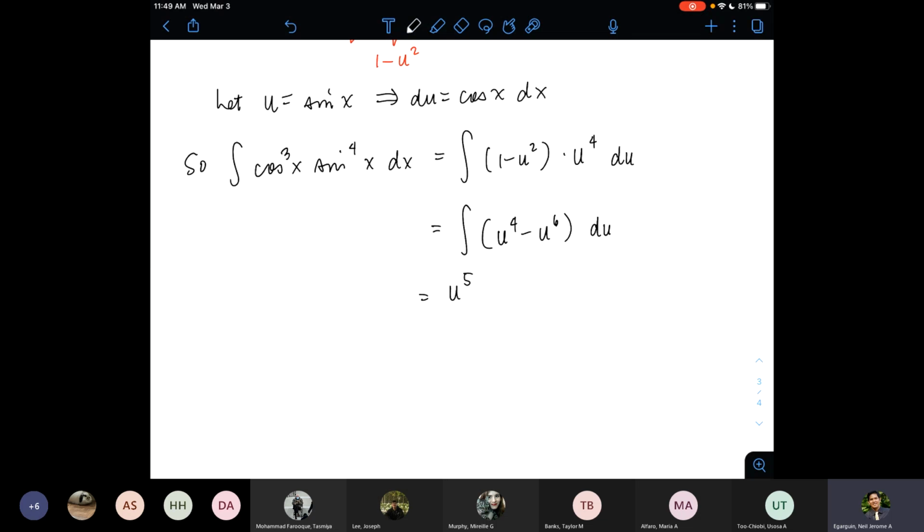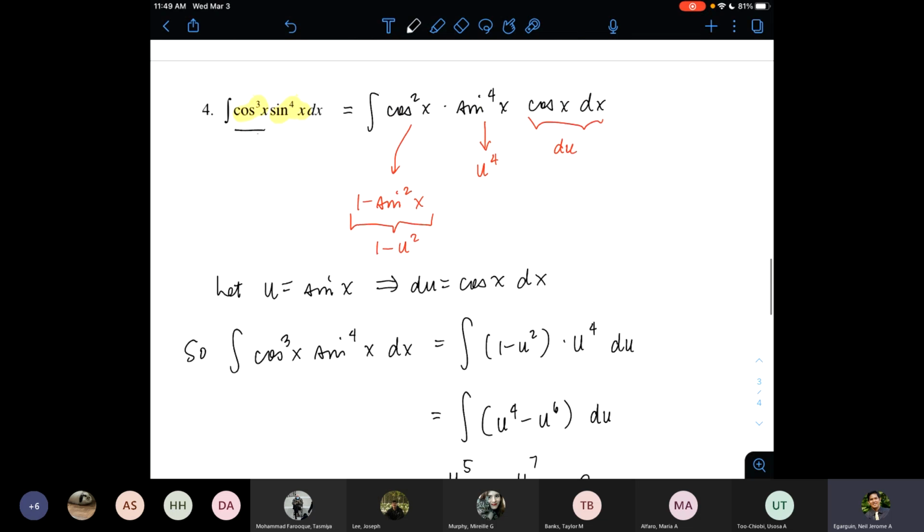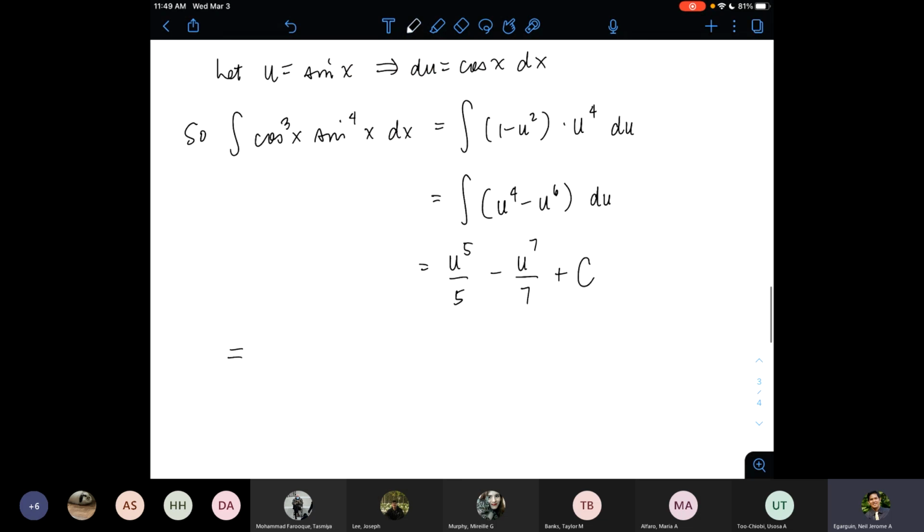So this is u to the 5th over 5 minus u to the 7th over 7 plus the arbitrary constant c. But remember, we need to go back to the original variable. Here we let u be equal to sine x. So this is sine to the 5th x over 5 minus sine to the 7th x over 7 plus the arbitrary constant c.